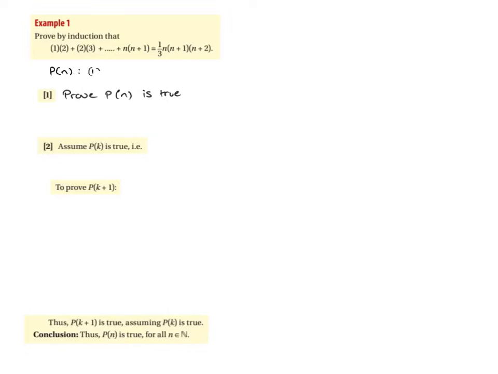So we've got 1 by 2 plus 2 by 3 plus and so on up to n by n plus 1 is equal to a third n plus 1 by n plus 2. So we're just defining the problem, and we're saying that this is P(n).